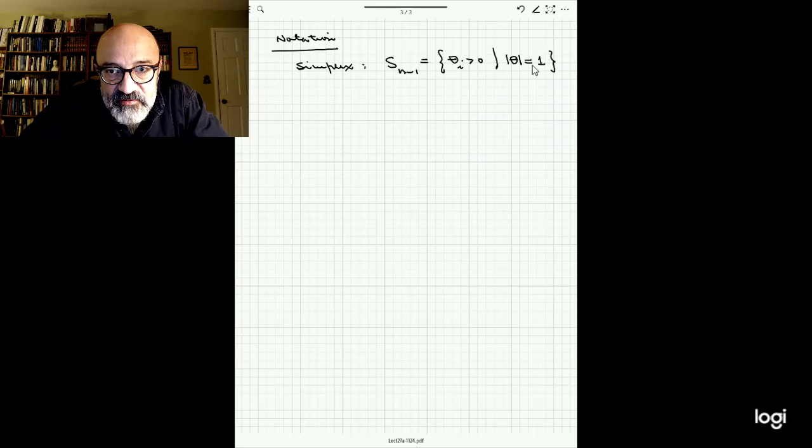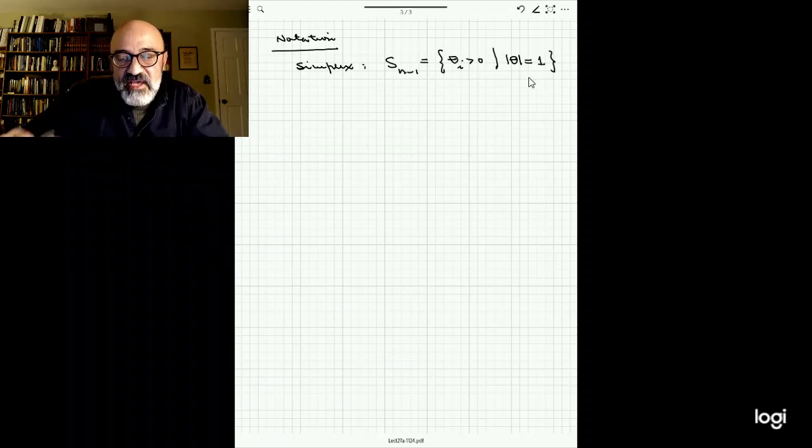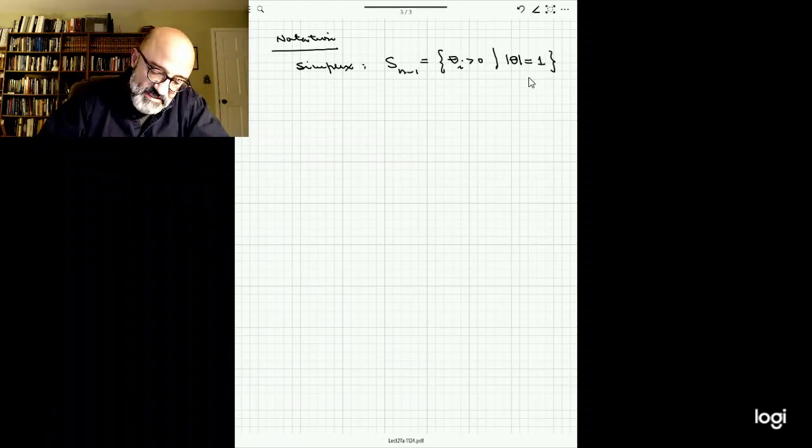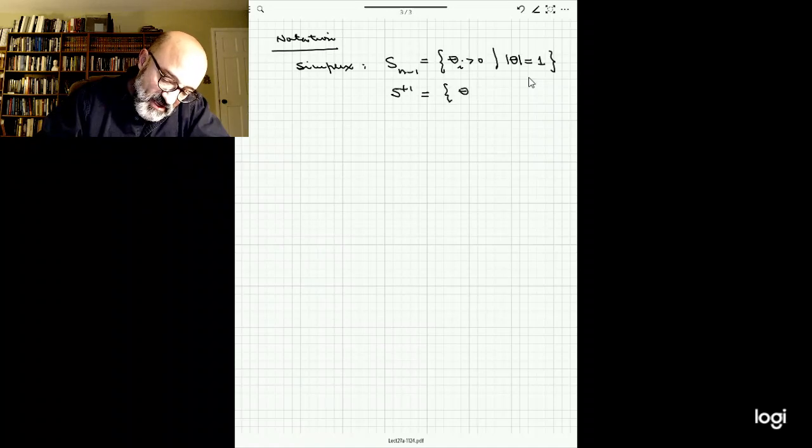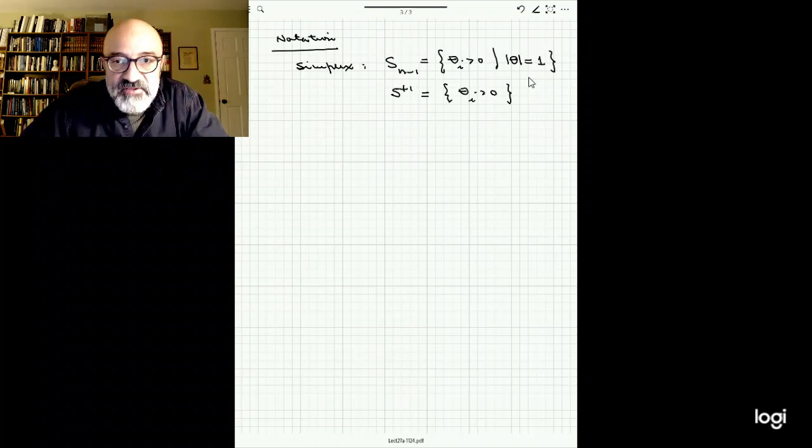We said, look, this normalization constraint is going to be a problem because it obscures the spherical symmetry of the simplex if we just eliminate one of those variables. So it is a good idea to embed this into a space that has one dimension higher, and we called it S+1. We embed it in a larger space. These are probabilities or relative probabilities that are positive but without any constraint.